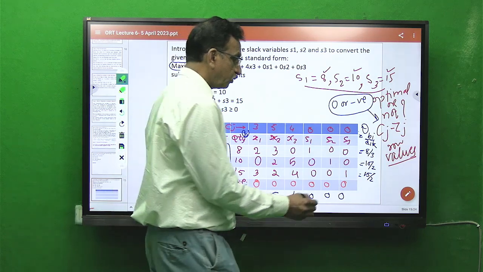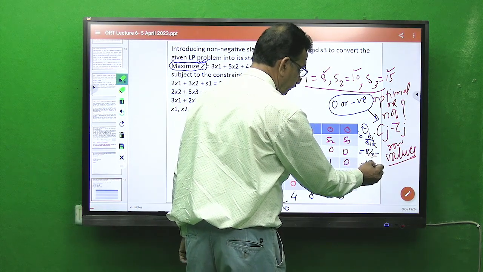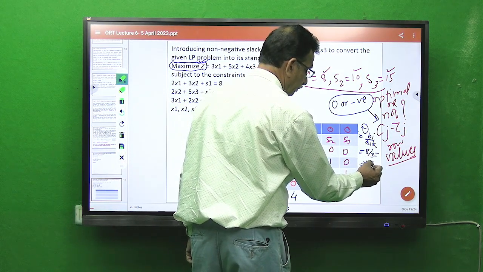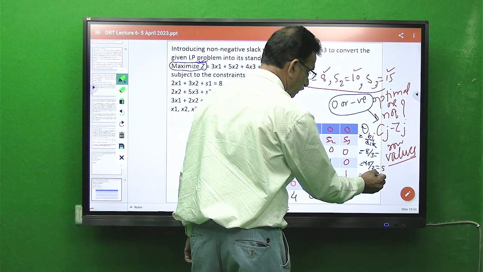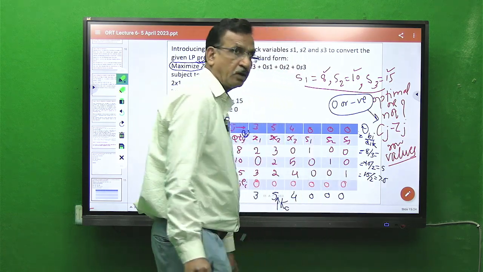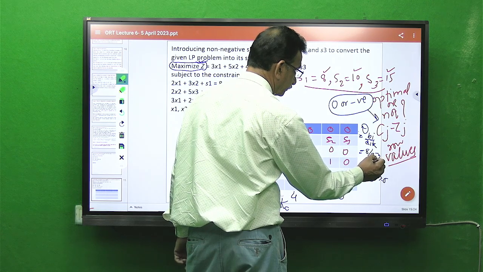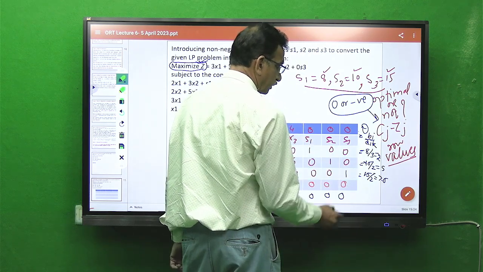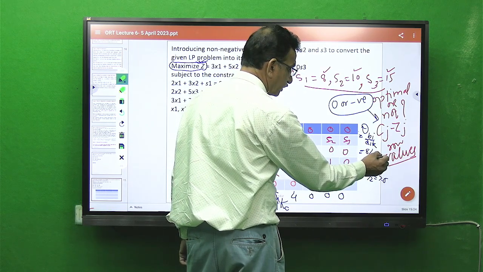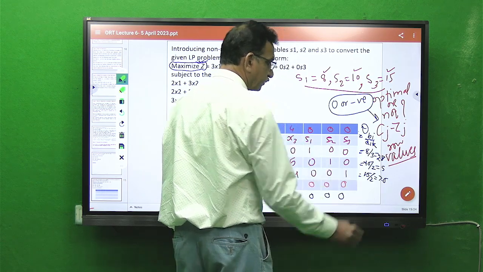Now we have to find which is the minimum. So here the ratio is, suppose, 5, here 7.5, and here it is 2 point something, not exactly 3, suppose 2.7 or 2.8 arbitrarily.